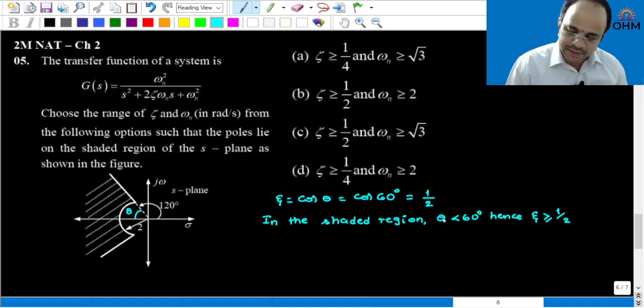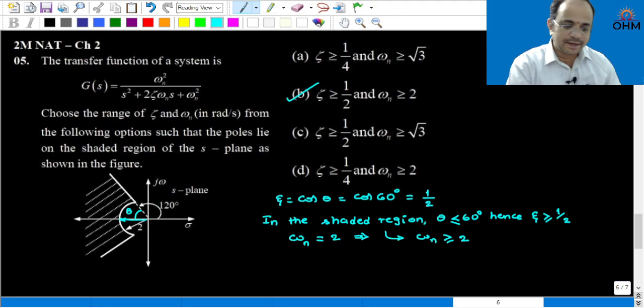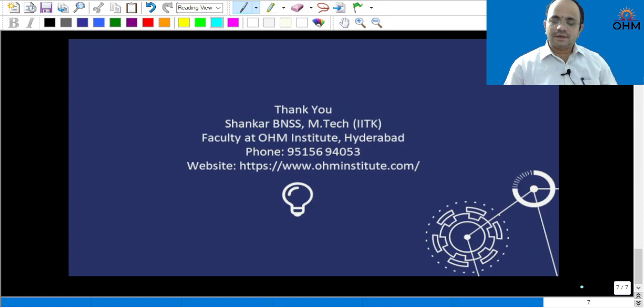Okay, so in the shaded region you can take it like this: theta is less than or equal to 60 degree, hence zeta is greater than or equal to 1 by 2, and this particular phasor distance will be omega n is equal to 2. Therefore in the shaded region omega n is definitely greater than 2, and hence option B is the correct answer. So these are the questions. I hope total 8 marks came from this instrumentation paper, control system subject. So these are the questions from GATE 2024 control systems instrumentation paper.